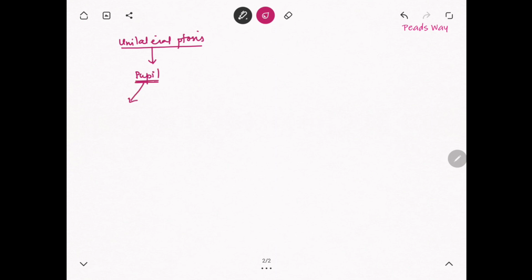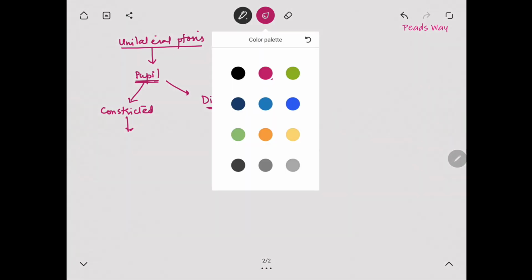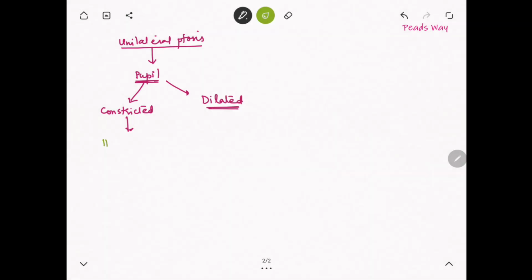See if the pupil is constricted or it's dilated. Very simple. If the pupil is constricted, look for Horner syndrome. You see, it's very simple.